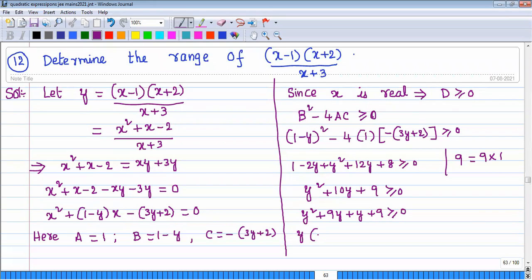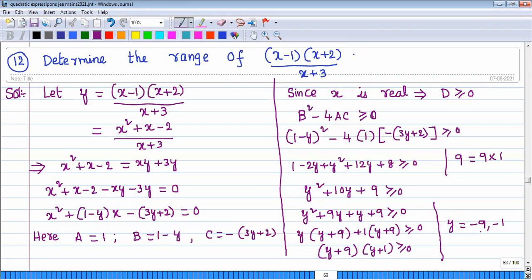So this we can write y common (y plus 9) plus 1 common (y plus 9) greater than or equal to 0. (y plus 9) into (y plus 1) greater than or equal to 0. The corresponding quadratic equation to the given inequality is (y plus 9) into (y plus 1) equal to 0. We get y equal to negative 9, negative 1, because negative 9 is less than negative 1.